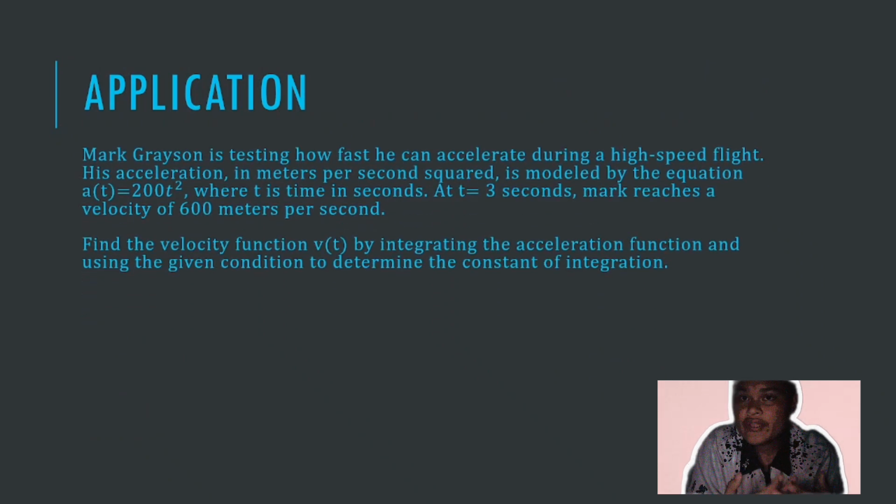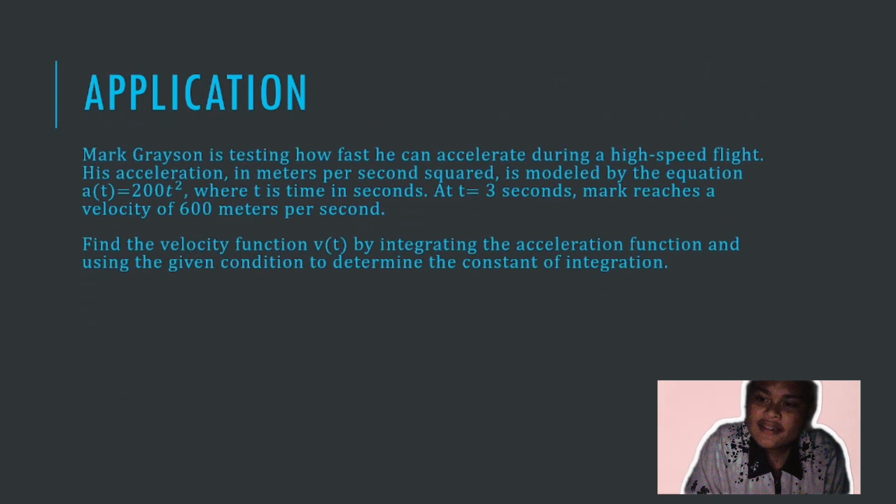So, I'll give you a problem for this. Mark Grayson is testing how fast he can accelerate during a high-speed flight. His acceleration in meters per second squared is modeled by the equation a(t) is equals to 200t squared, where t is the time in seconds.